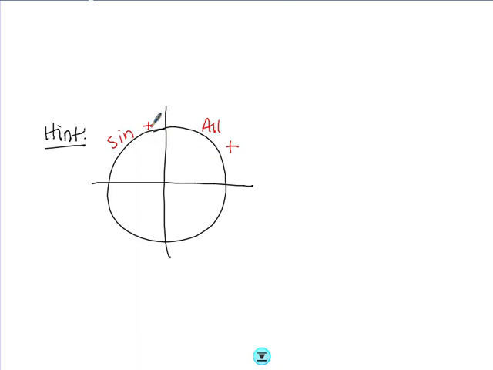Both cosine and tangent are negative. In the third quadrant, tangent is the only one that is positive. Sine and cosine are both negative. And in the fourth quadrant, cosine is the only function that is positive. Both sine and tangent are negative. Obviously, the reciprocal functions have the same sign as the original functions.